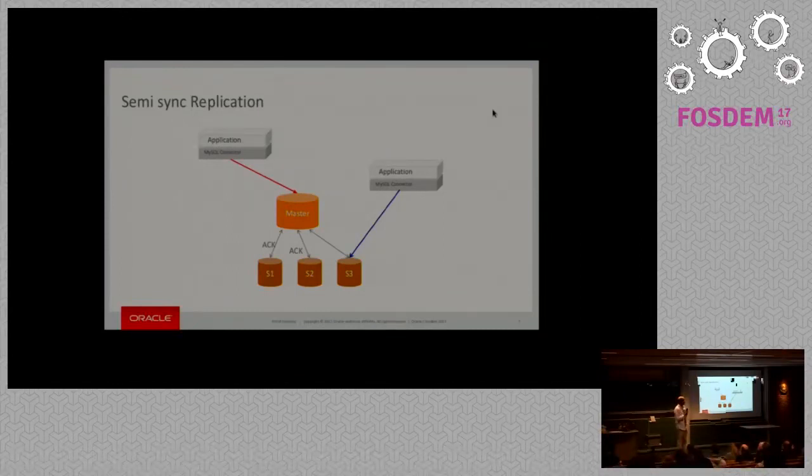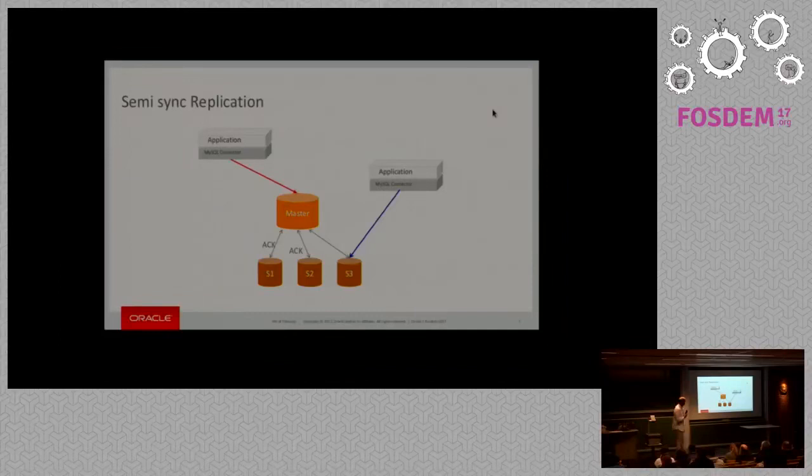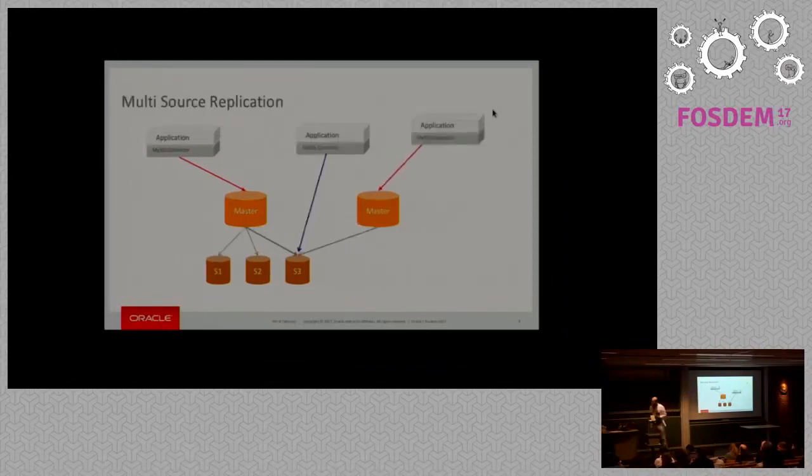So ideally, the master will only commit if some of the slaves or all the slaves, you can configure it, acknowledge that they queued some data or they committed or they are committing the data. So you still have master slave, but now when you commit on the master, you know that the data will be on the slave. It's a cost that you can choose to have on writes, so your reads will be more synchronous.